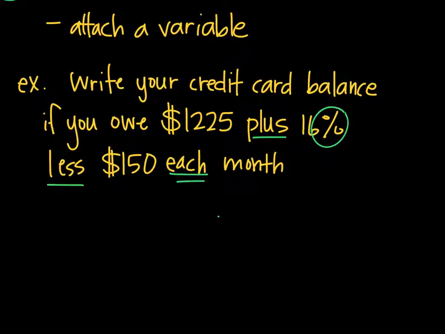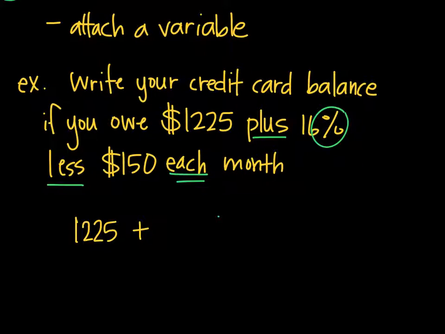So we could write it like it's negative because you owe money, right? Okay, well, a credit card statement, they start with positive money. Of course. So we're going to start with $1,225, I think. All right, I'll show you. So we've got $1,225. Okay, plus.